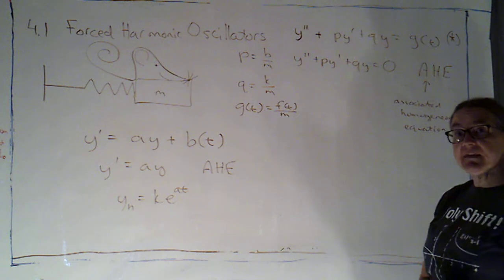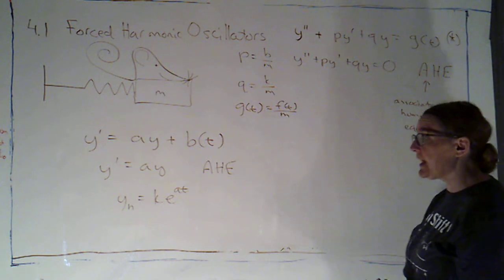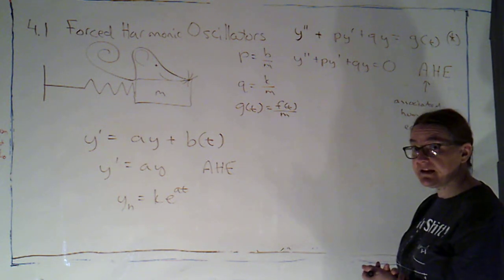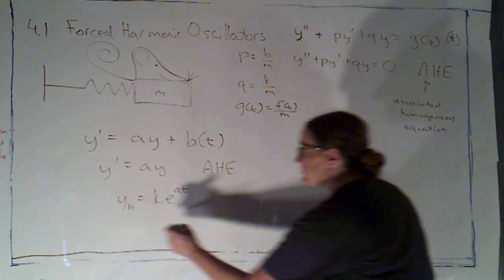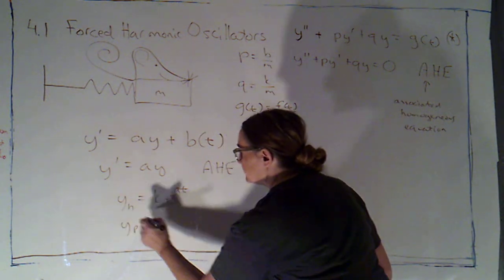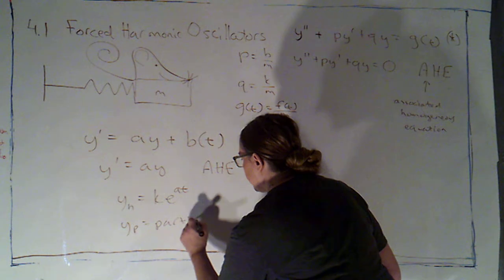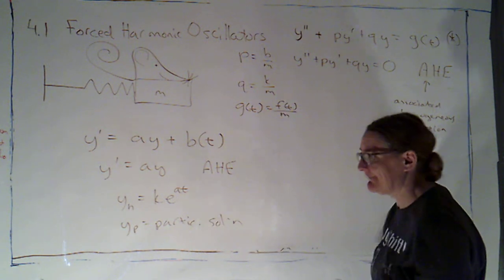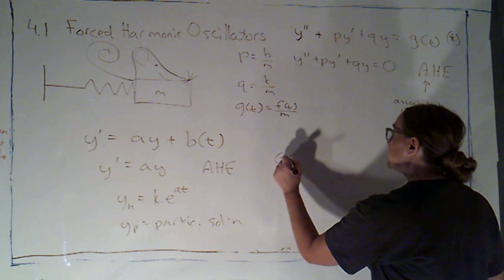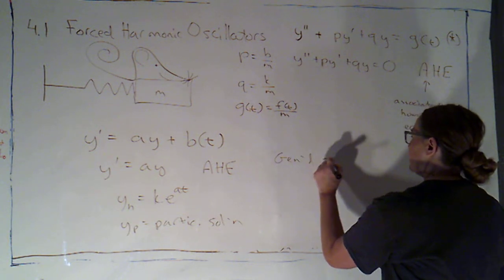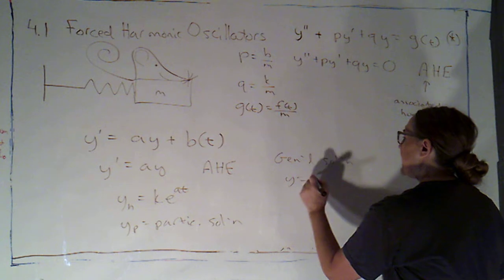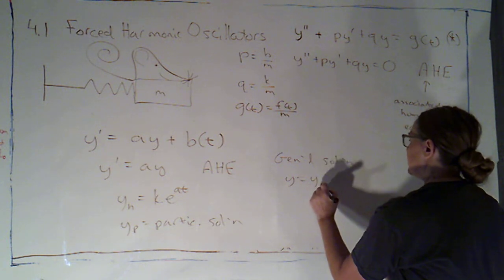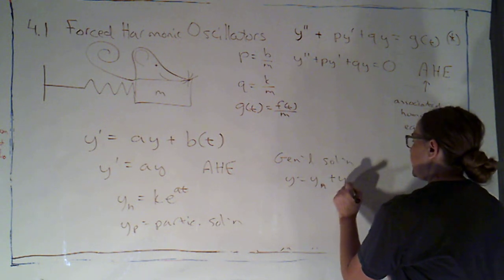Okay. And what the extended linearity principle said was that if we could find a particular solution, and we usually did that by just guessing, then the general solution was just y equals y sub h plus y sub p.